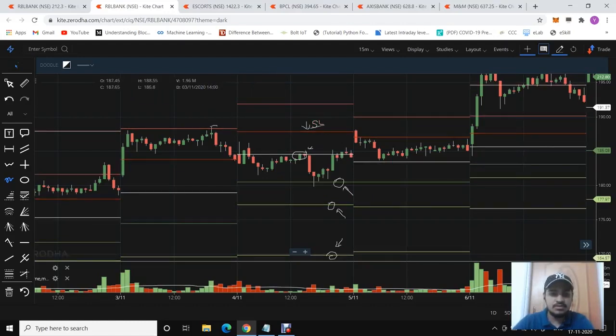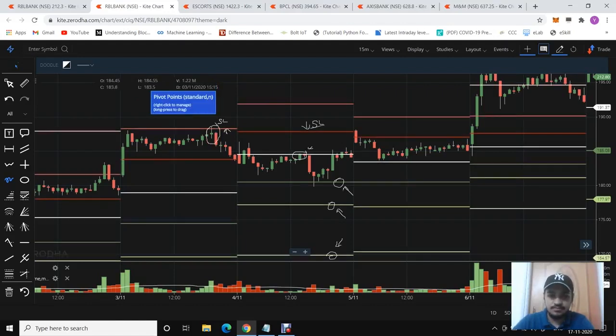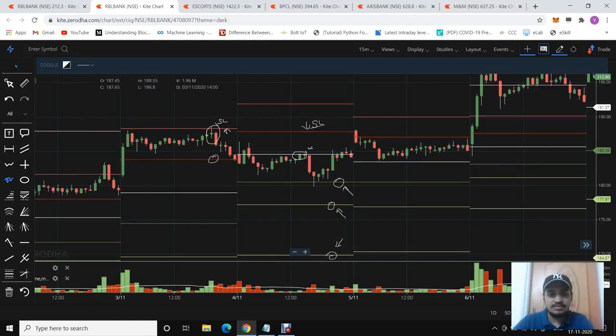Let's say for some reason you are planning to go short here, okay. So in this case, you can keep your stop loss just above the resistance, okay, and keep your targets as this, or this. Alright, so similarly to how we use normal support and resistance to keep targets and stop loss, these levels can also be used to place targets and stop loss. Alright, fine.